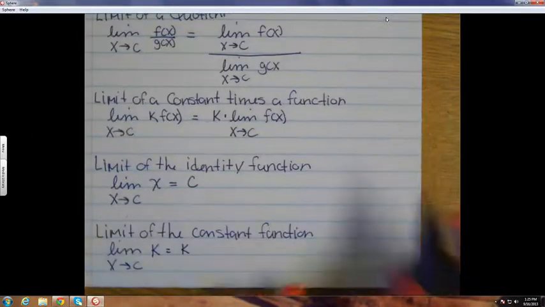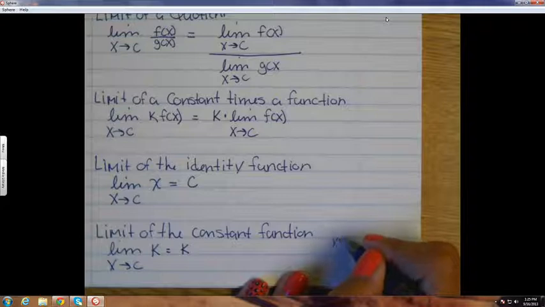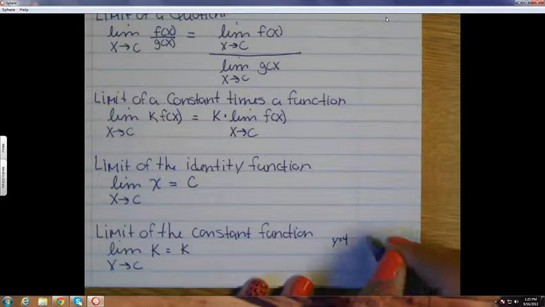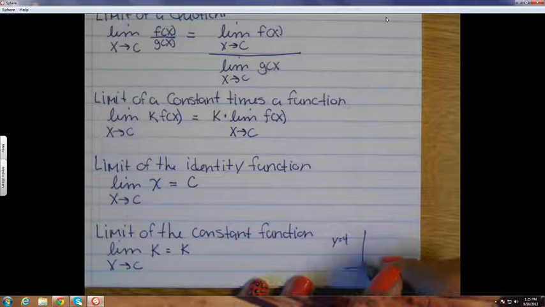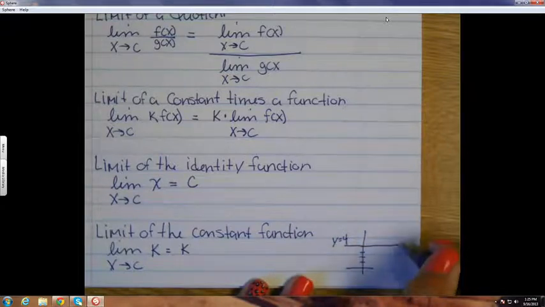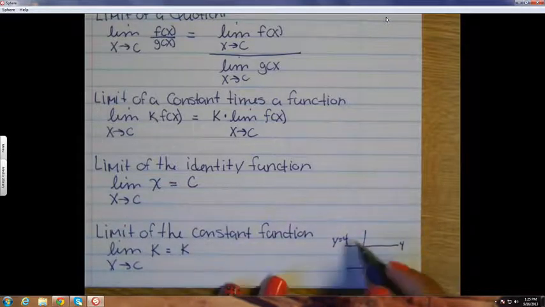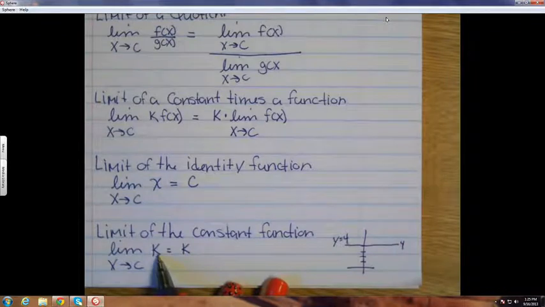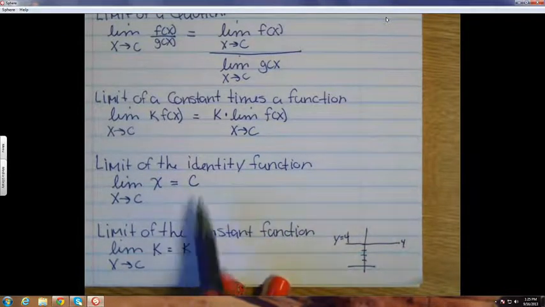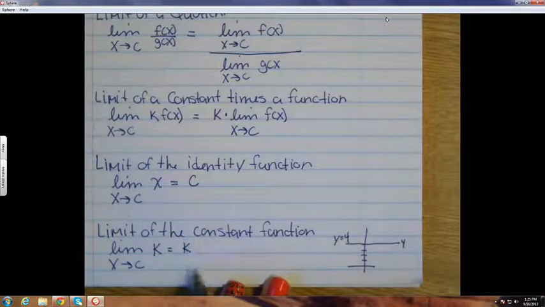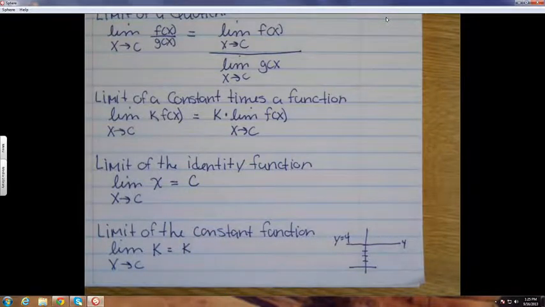Like y equals 4. That's a horizontal line where the y value is always 4. It's constantly 4. So what's the limit as I approach any x value? I'm always going to be at 4. So if you've got a constant, the limit always equals whatever that constant is. So notice these last two don't have limits on them. And that's going to be our goal when we prove, is to simplify and get things down to one of these two cases. So how does all this work?